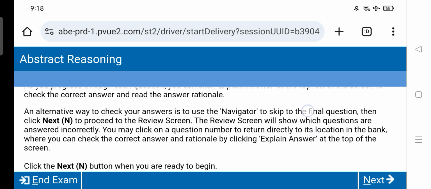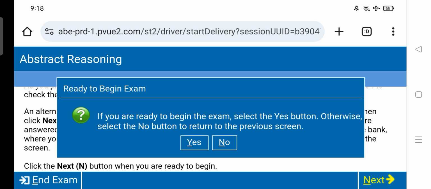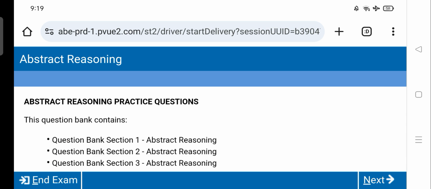So as we are ready to begin, we will click next, and now this will pop up whenever you click next. They are asking if you are ready to begin the exam, so select the yes button. Otherwise, select the no button to return to the previous screen. So as we are ready, we will select yes, and then it will take us to the next page.